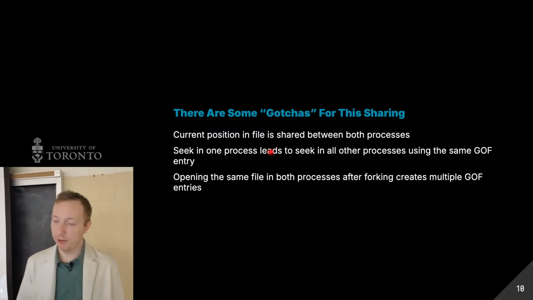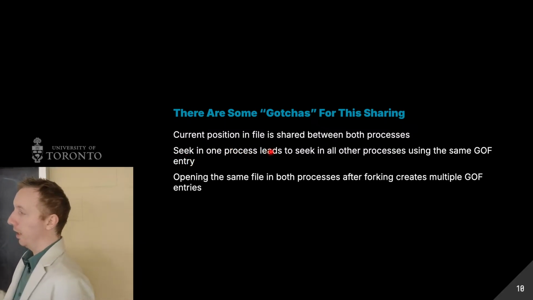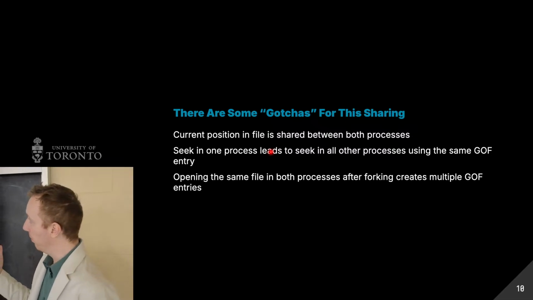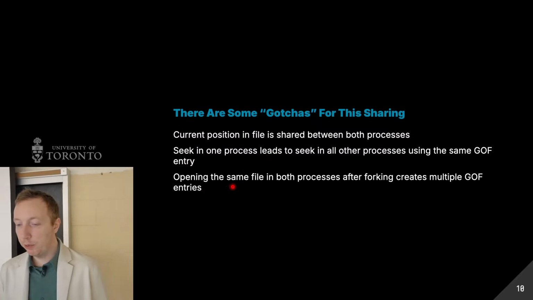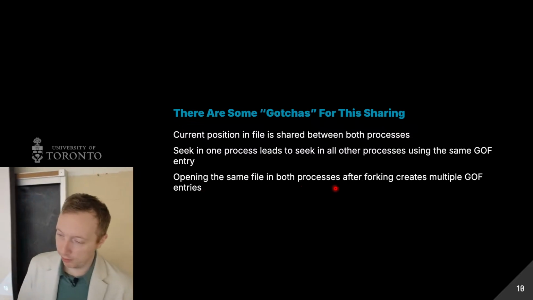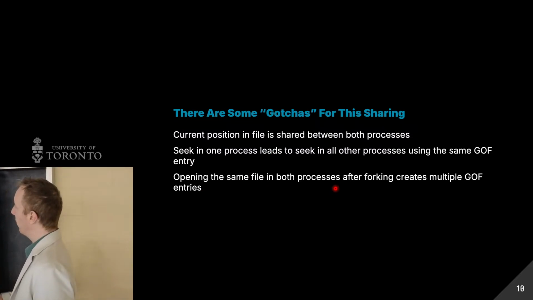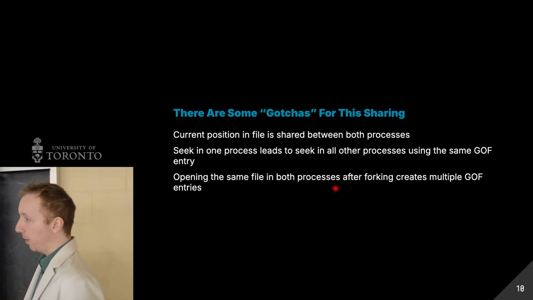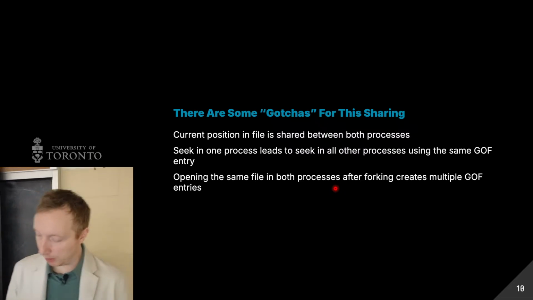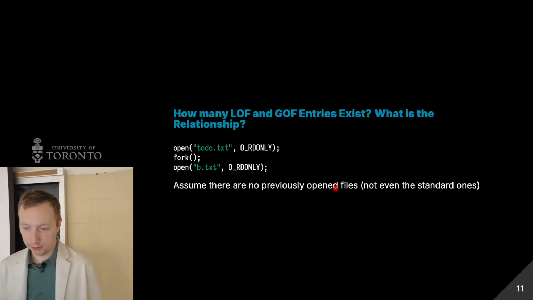So if you seek in one process, that would change that position in all other processes that you forked from because it's the same global open file table entry. If you open that same file in both processes after forking, that would create multiple global open file table entries, one for each process, so they would be independent if you actually opened a file like that.